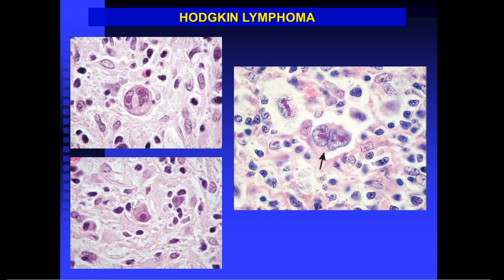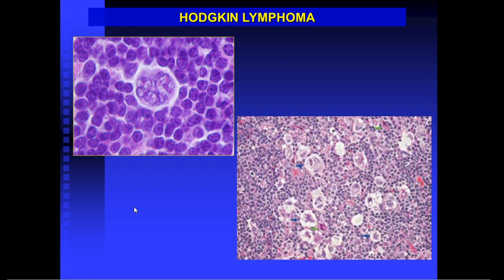This cell, as you see, we can name a Hodgkin cell. There is just one nucleus with a nucleolus. Actually, there is a huge list of specific cells in Hodgkin lymphoma, but the diagnostic cells are only Reed-Sternberg.